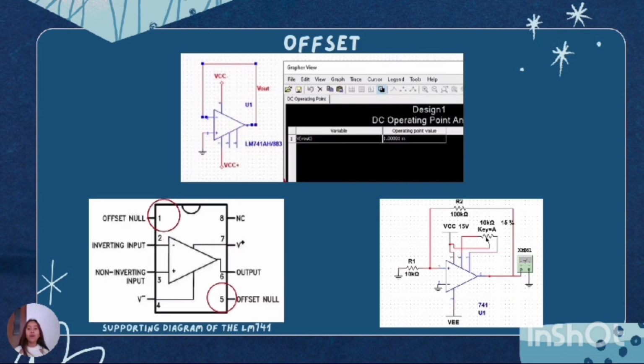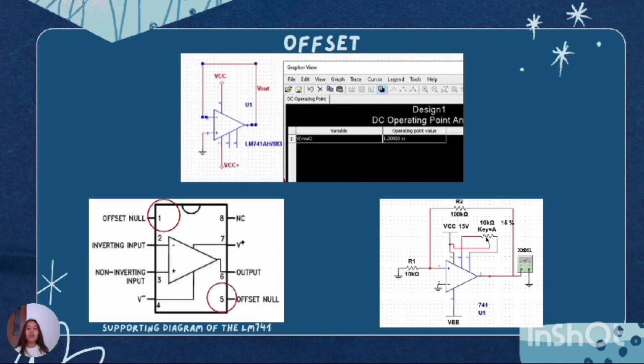Offset. When we work with an op-amp, in most cases we are looking for a mathematical operation with the input voltage. Ideally, if the amplifier does not have an input voltage, the output voltage should be 0 volts. However, if you do a physical exercise, you will notice that the output voltage is not 0, even if you do not have anything connected to your input pins.